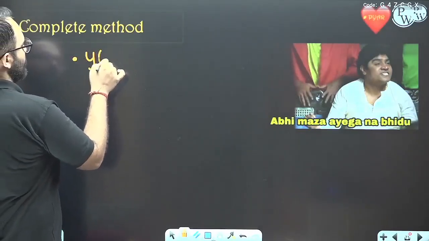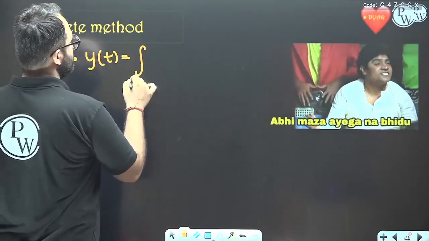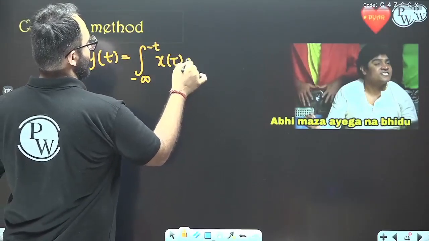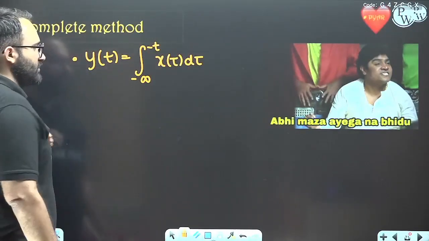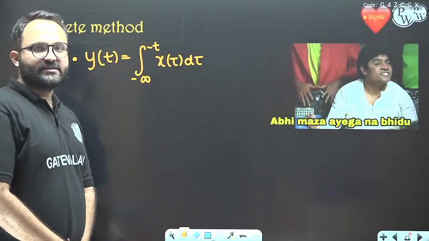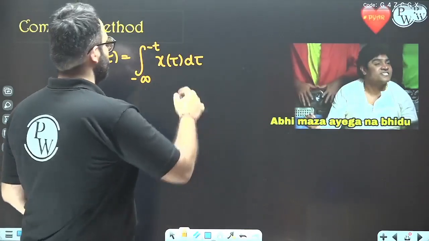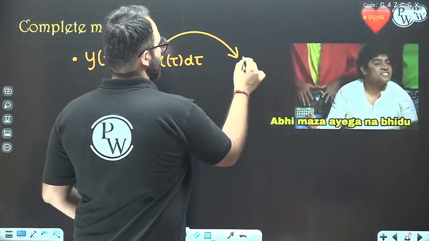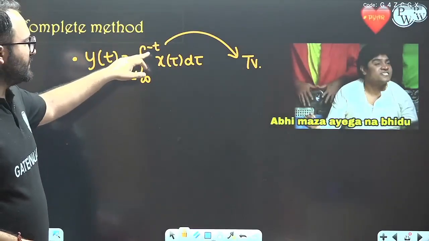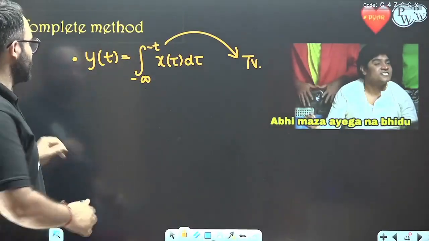So more examples. Okay. So here also we can see that the minus t is there, minus t is there. So we have changed the time variable, that is minus t. So this is a time variant system. Okay.